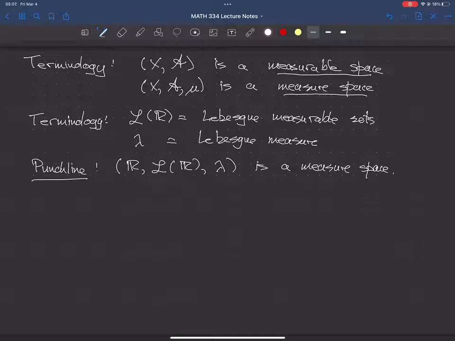You need to dig back into the foundations, but you can build a theory of the real numbers which doesn't rely on the axiom of choice. And in that world, where the axiom of choice is not one of the axioms of set theory that you allow, every subset is Lebesgue measurable.